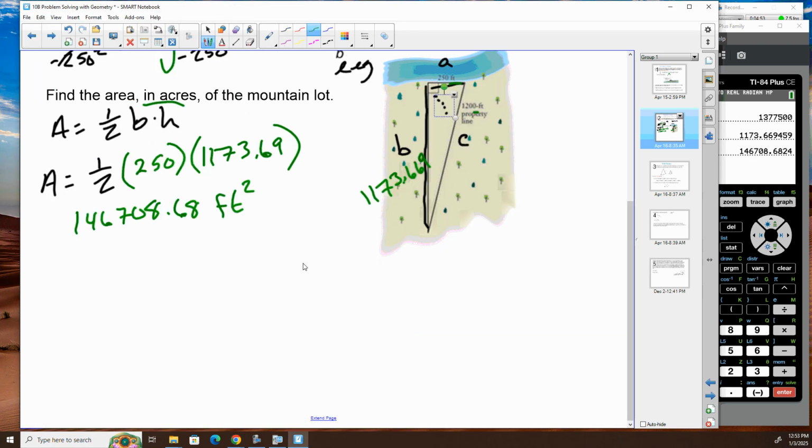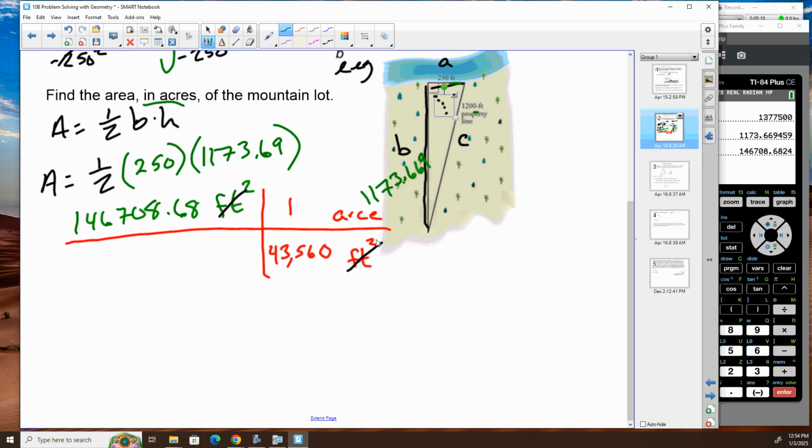So to convert, I'm going to take this answer in area that I have right now, and if I want to get rid of feet squared, I need feet squared down here, and I'm trying to convert to acres. So it said that 1 acre was 43,560 feet squared. So now my feet squared will cancel, and I'll be left with an answer in acres.